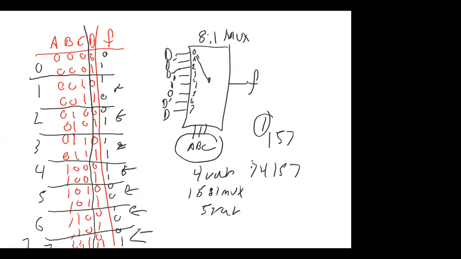And so if I wanted to use a 2-to-1 MUX, I'd have a 3-variable truth table because it needs 2 selectors to select for, that would be a 4-to-1 MUX. It needs 2 selectors for 4 inputs. So you can always implement a truth table that's 1 more than the number of selectors.